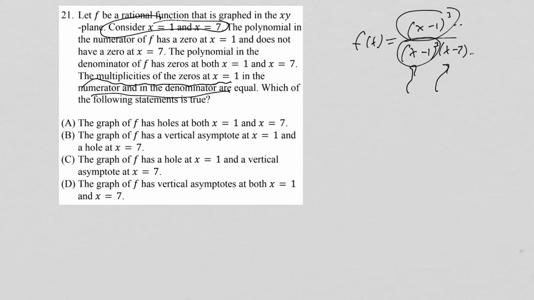So that's why there's a vertical asymptote at x equals 7, but a hole at x equals 1. So that's why this is out. Vertical asymptote, no. Hole at 1, vertical asymptote. That's the answer. There was another one about asymptote versus hole earlier in the practice test.